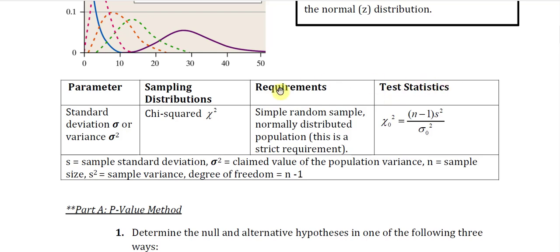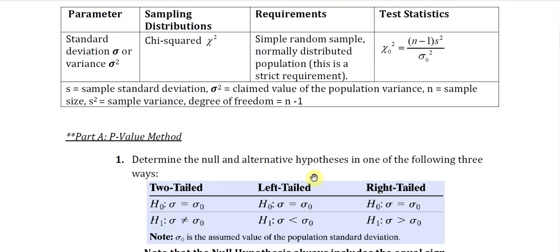Now the test statistic is the chi-square, so we use the notation chi-square 0 for the test statistic, and that's equal to the ratio of n minus 1 multiplied by s squared divided by sigma naught squared. S is the sample standard deviation, sigma naught squared is the claimed value of the population variance, n is the sample size, s square is the sample variance, and the degrees of freedom is n minus 1.